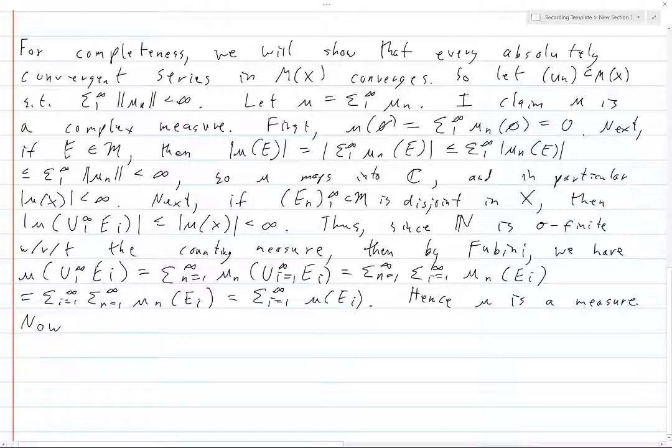I'm trying to think, yeah, we did need to check that this is a measure, and now we need to check basically this. Now I claim that the limit as n goes to infinity of the sum from 1 to n of mu_j is equal to mu.